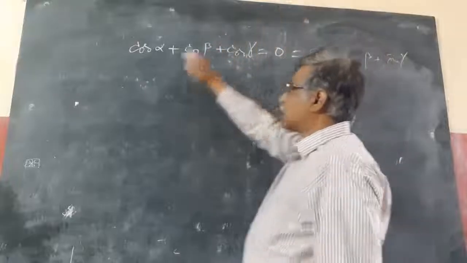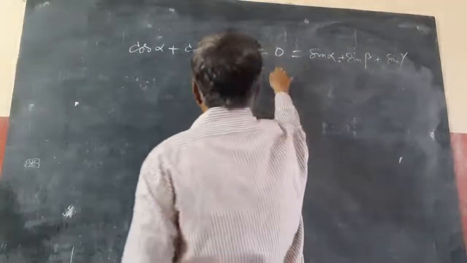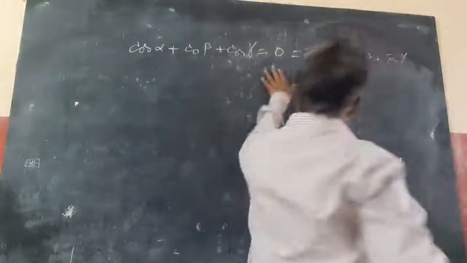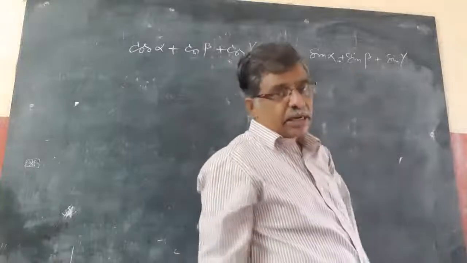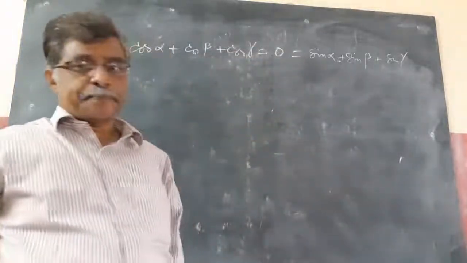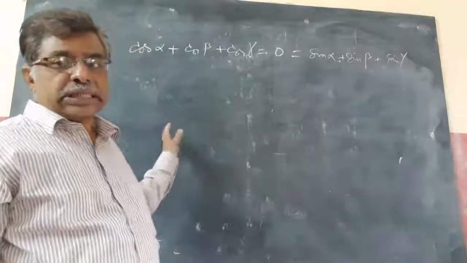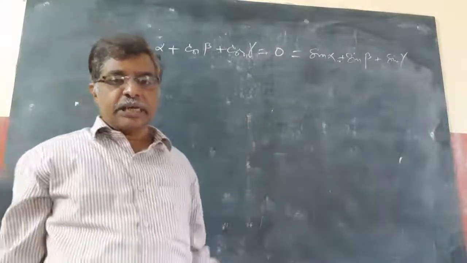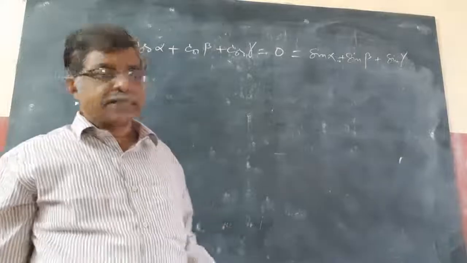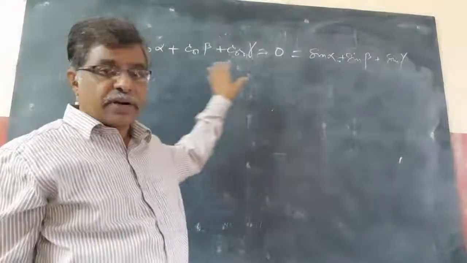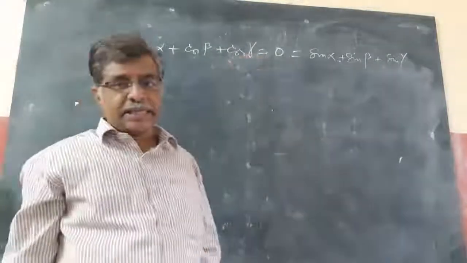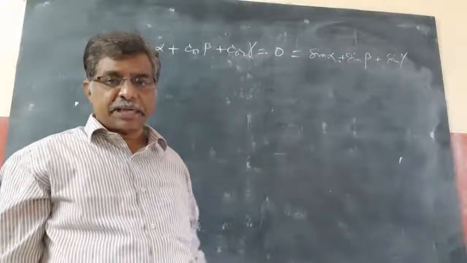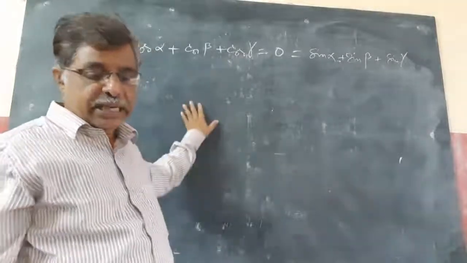We need to take sum. A is cos alpha plus i sin alpha, B is cos beta plus i sin beta. We will take 3 complex numbers like that, by seeing itself as he is giving like this.